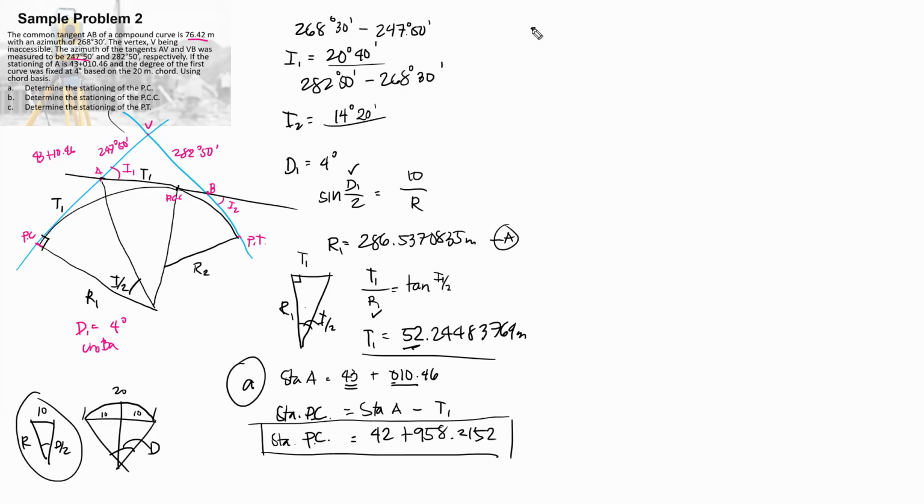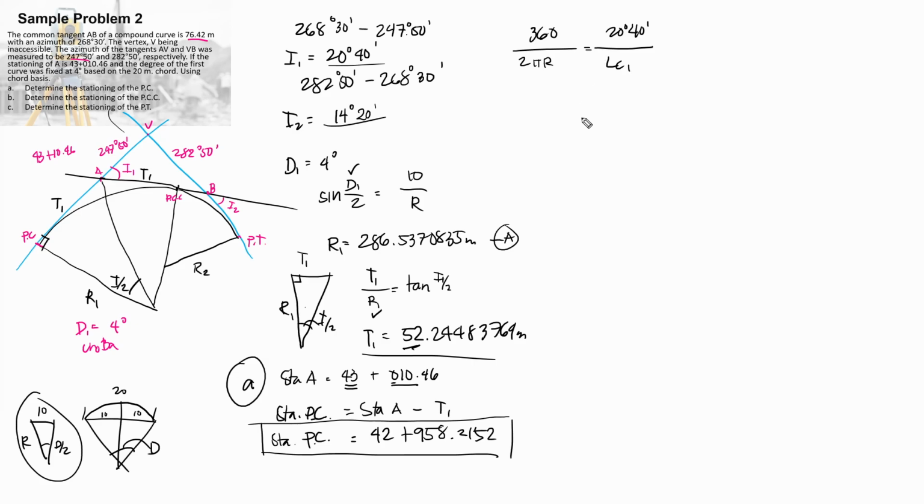So, again, 360 over 2 pi r is equals to 20 degrees, 40 minutes over yung length of curve nung 1 natin.